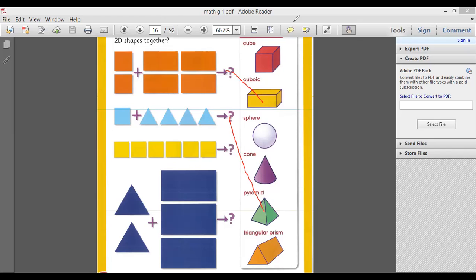6 squares. Which shape do they make? Good boys. They make cube.